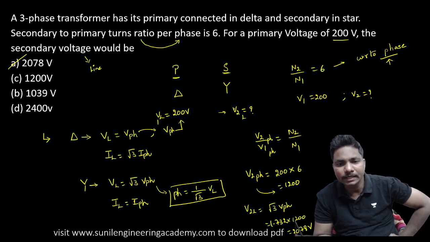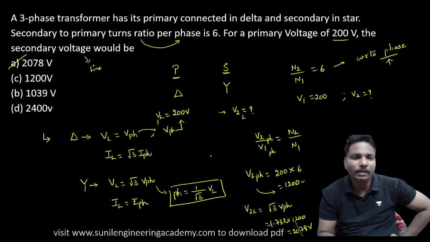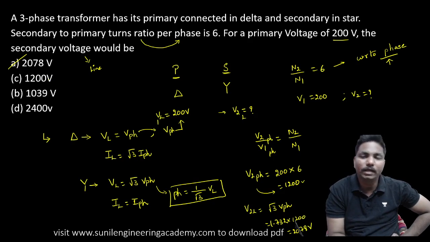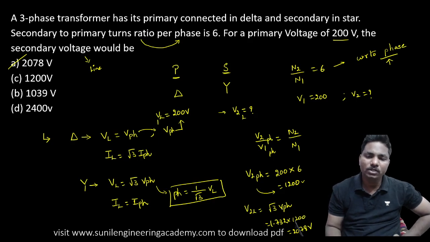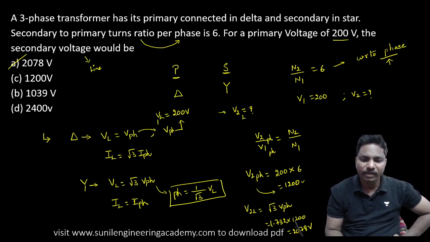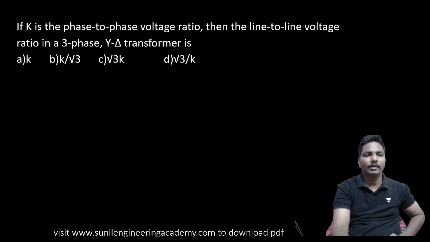In the secondary we have to find the line voltage. V2 phase by V1 phase is equal to N2 by N1, so we get V2 phase. When we get 1200, somebody will give the answer as 1200, which is wrong, because we have to give the line value. Line value is root 3 into phase value, so 2078.